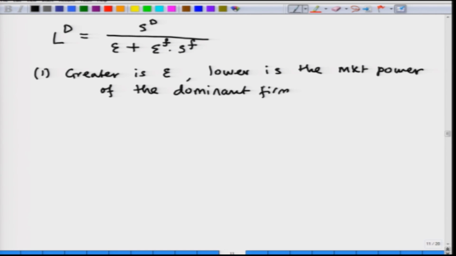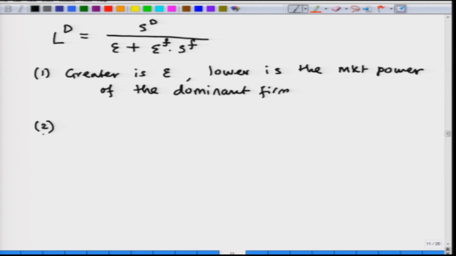A larger epsilon essentially means that the price elasticity of demand is very high. If the price elasticity of demand is very high, then the ability of a firm to charge a price significantly greater than the marginal cost gets reduced a lot, because greater will be the consumer's willingness to substitute for other products. So, that is one observation.